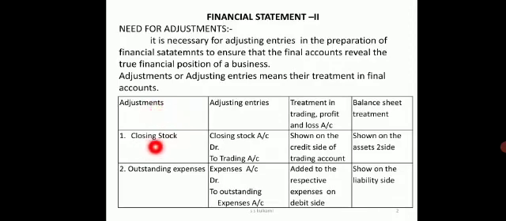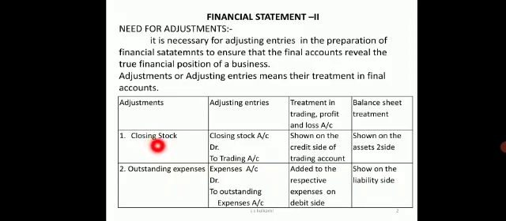Now closing stock is the stock at the end of the year. This stock does not appear in our trial balance. It appears only in the adjustments. Whenever it appears in the adjustments, it has to be recorded twice because we are following the double entry system.